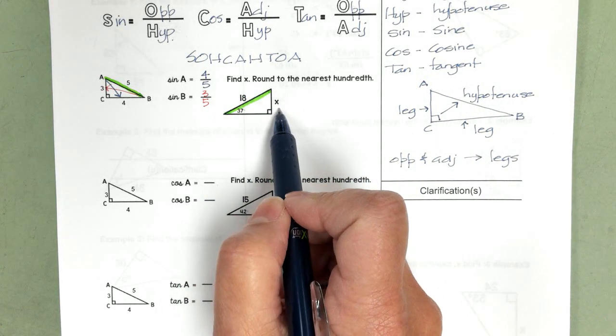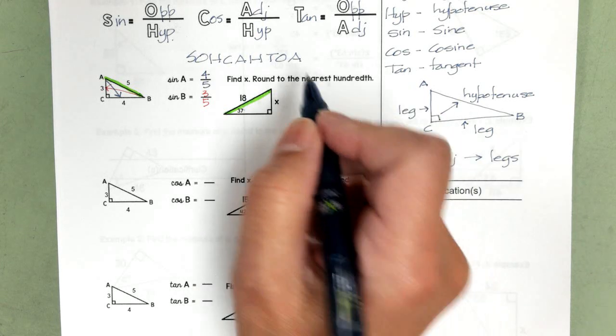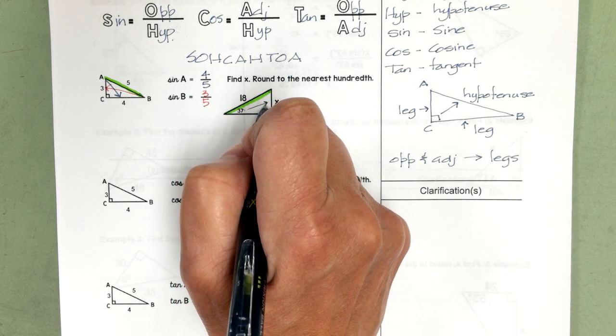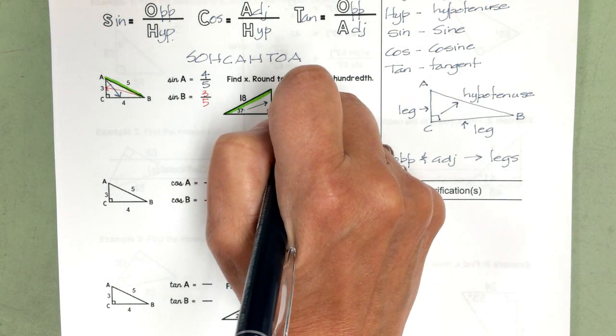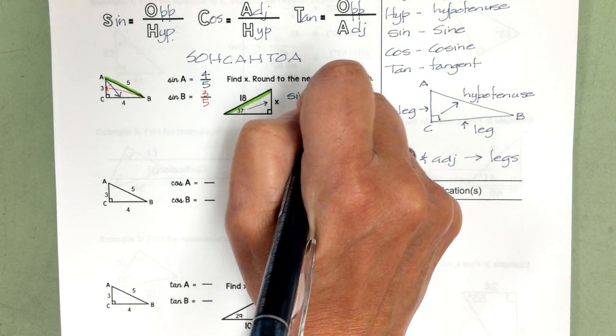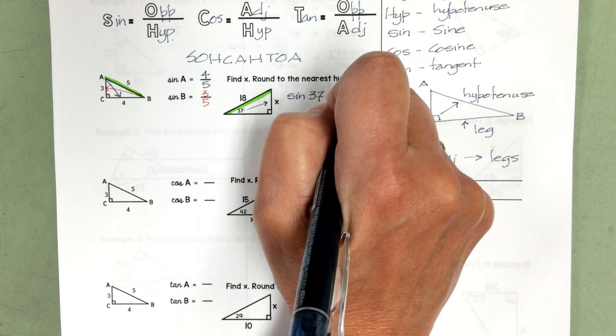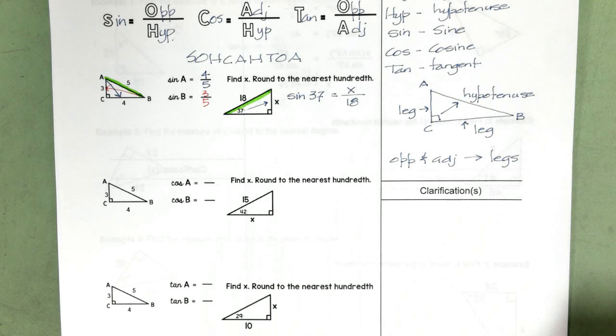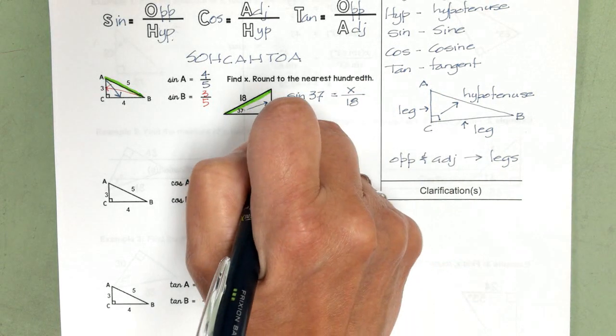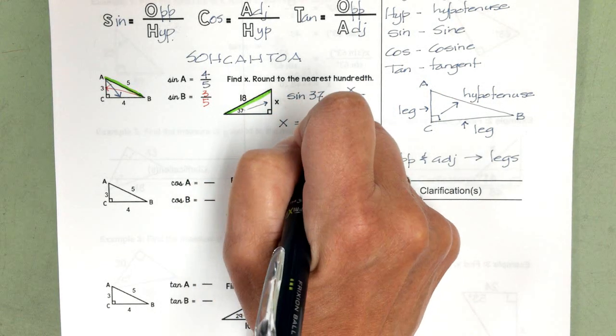So here we have a problem where we want to find the length of this side. It happens to be the side opposite the angle, so we're going to use sine. Our setup: sine of 37 equals the opposite, which is x, over the hypotenuse, which is 18. To solve this, we multiply both sides by 18.